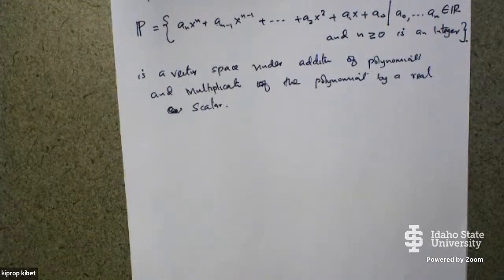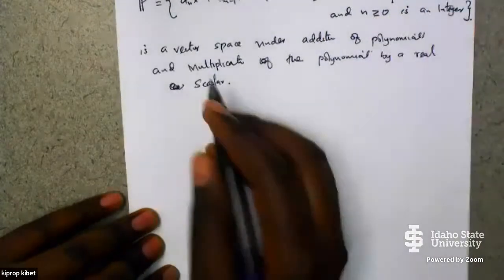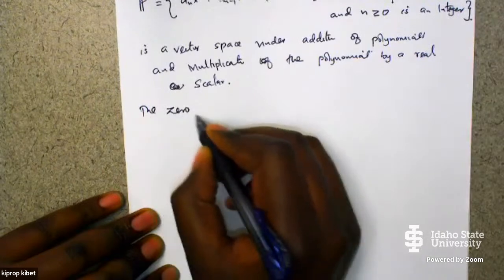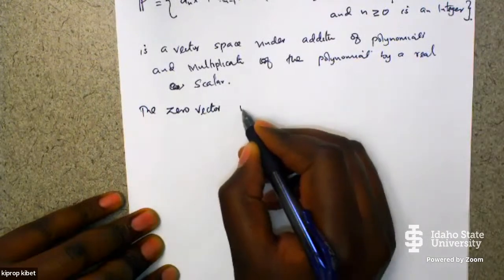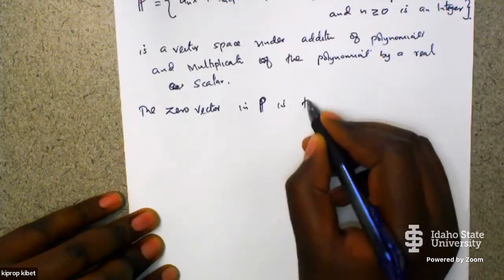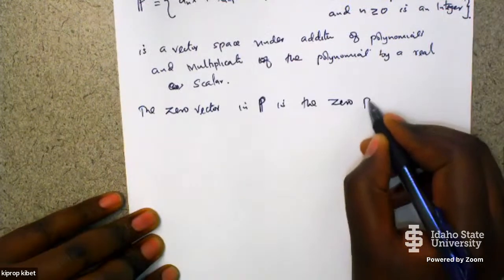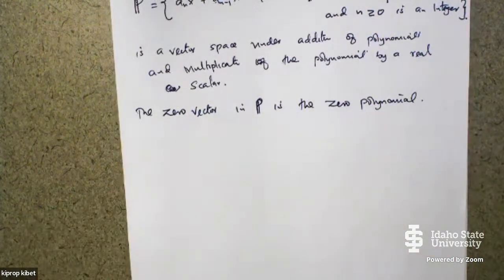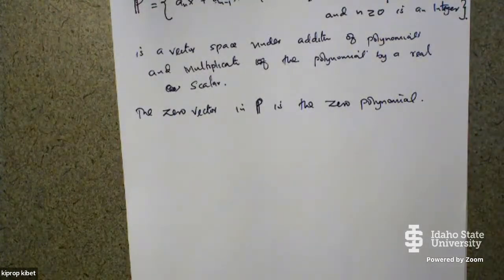Now, the zero vector in this capital P is the zero polynomial. This happens when all the coefficients are zeros.